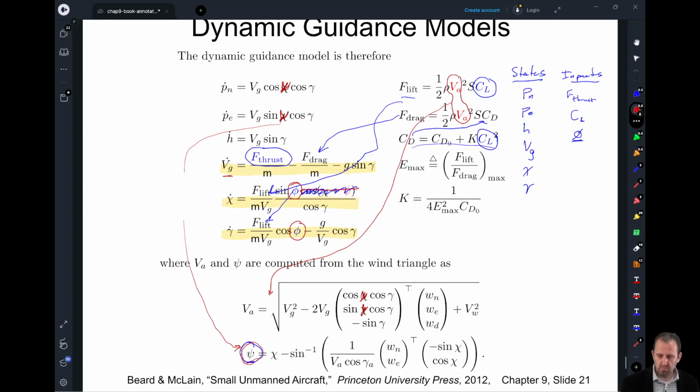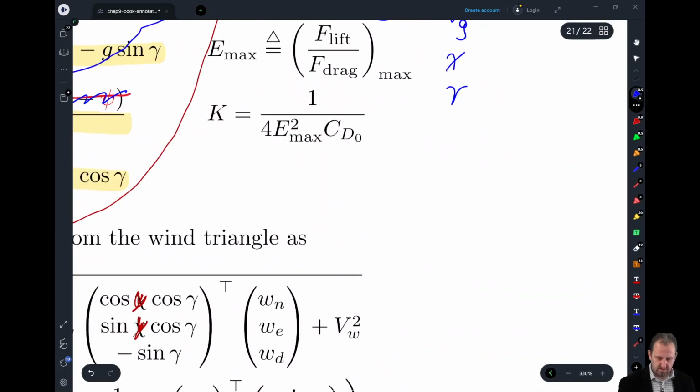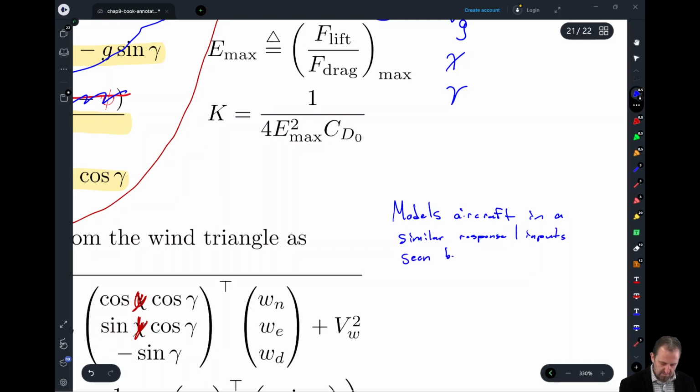I'd also previously misspoken on our final kinematic model. I'd said that this was a model preferred by pilots. That's actually this dynamic model that is preferred. The book mentions that this models the aircraft in a similar response and inputs as seen by a pilot.